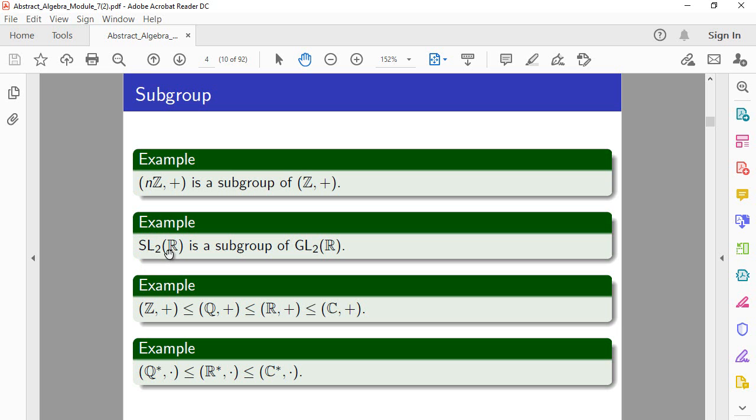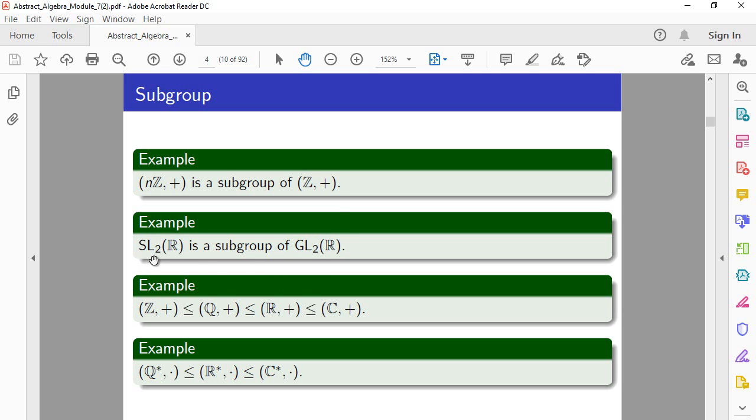Recall that SL2 of R is the collection of 2 by 2 matrices with real entries having determinant equal to 1, and GL2 of R is the collection of all 2 by 2 matrices with non-zero determinant.